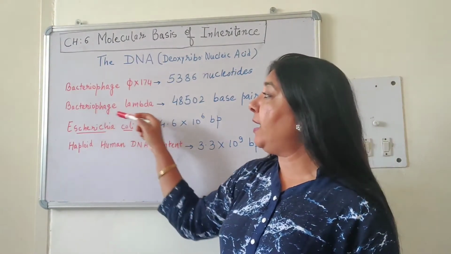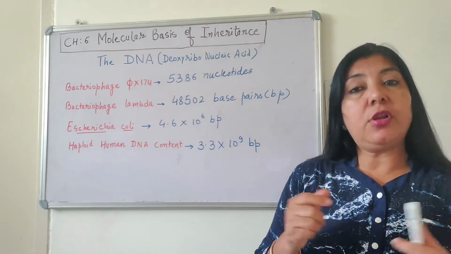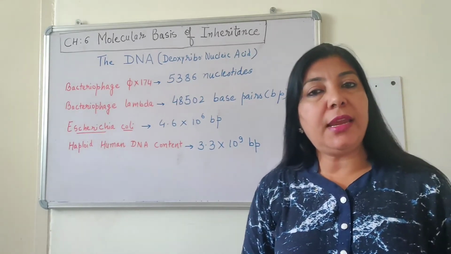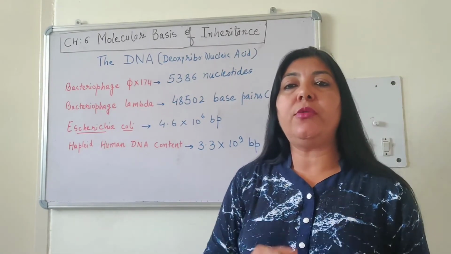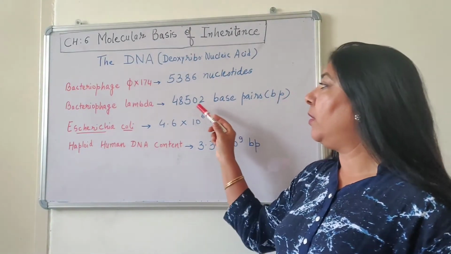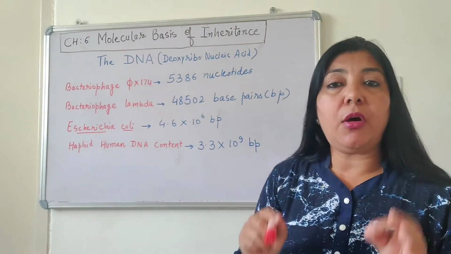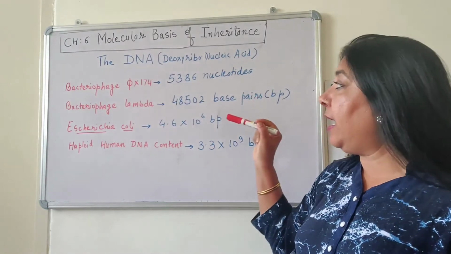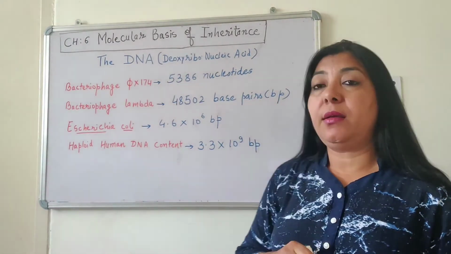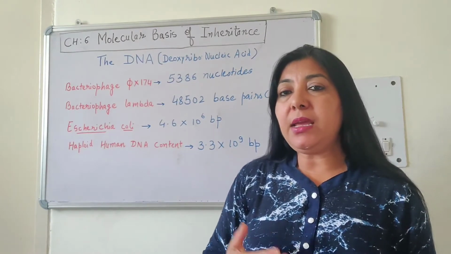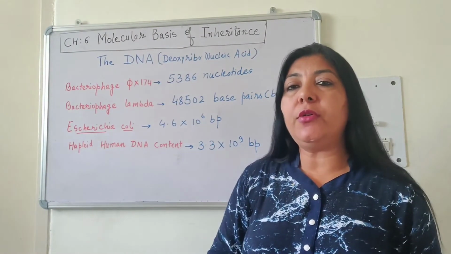Likewise, bacteriophage lambda. It is also having DNA, but the DNA is having two chains. There are two polynucleotide chains. Therefore, for the total number of the DNA, this is very important. Generally, DNA is having two polynucleotide chains.